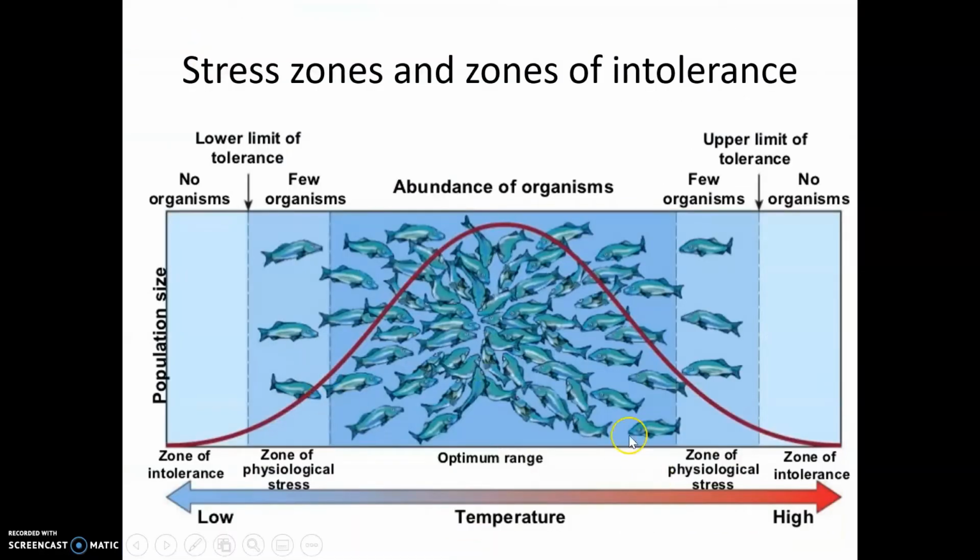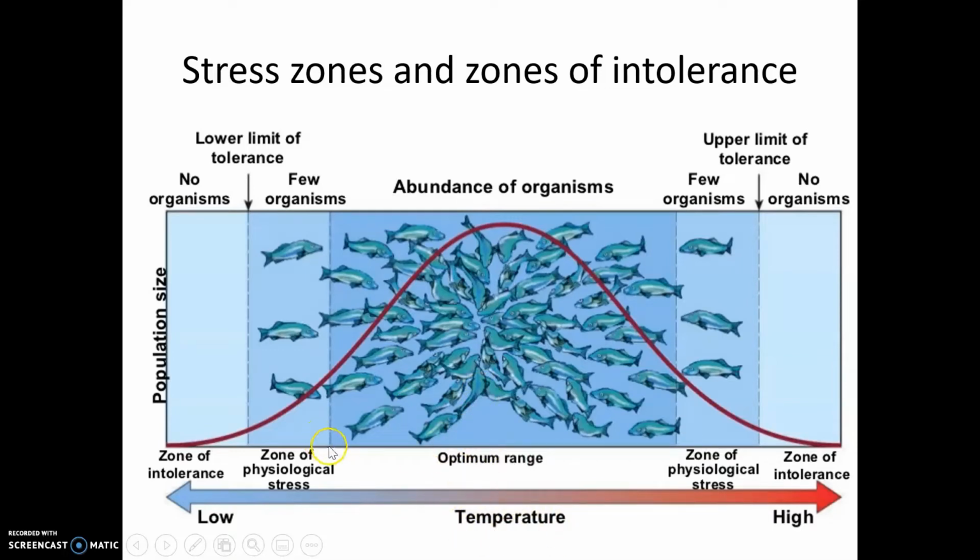And we saw this graph in a previous video. In this case it's just temperature, but we could also have pH down here. We could have light intensity. We could have nutrient levels in the soil, many different things. And then different species would have an optimum range of that particular variable.